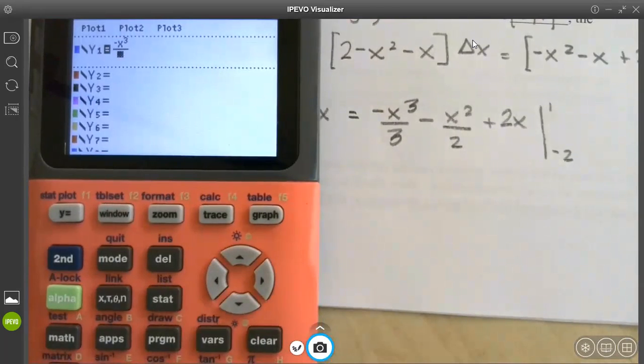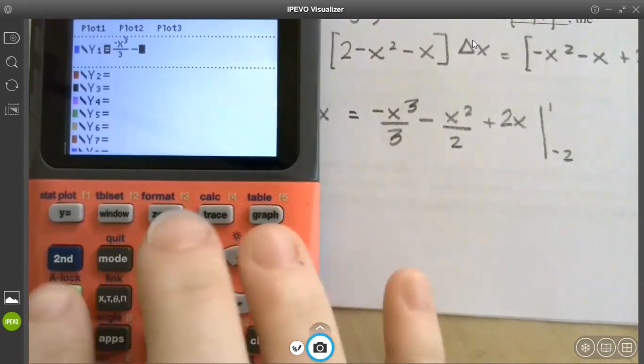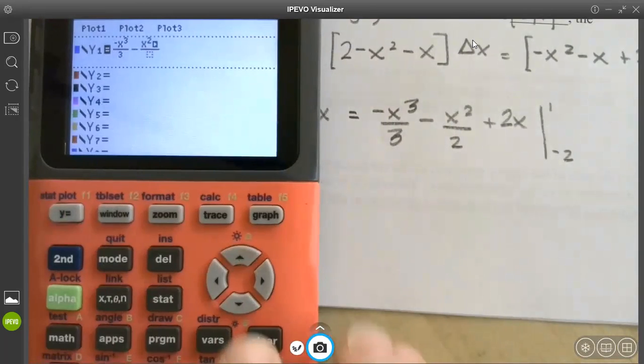Negative x to the third over 3 minus x squared over 2 and then plus 2x. And the reason I'm doing this again is because I have that negative and then I'm plugging in a negative 2 cubed. So I don't want to screw up my negatives.